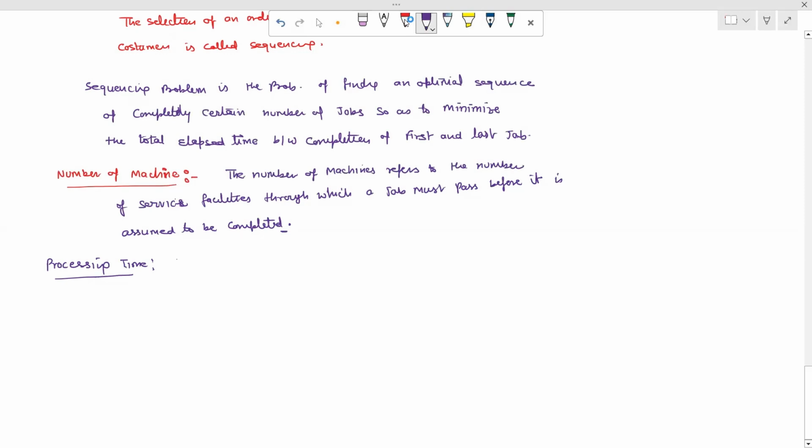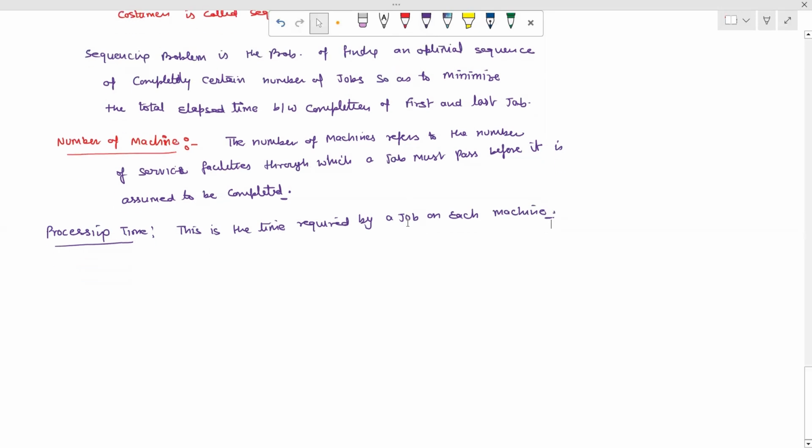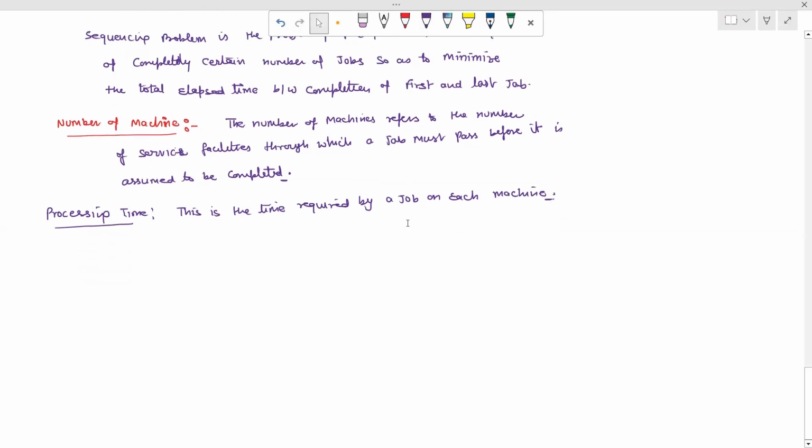This is the time required by a job on each machine. How much time is taken to complete any job or task by a particular machine, that is called processing time.